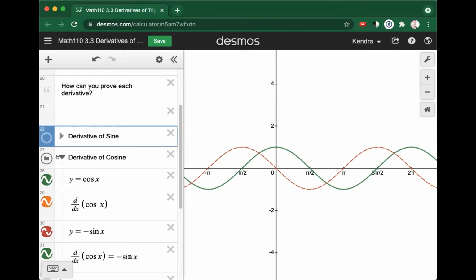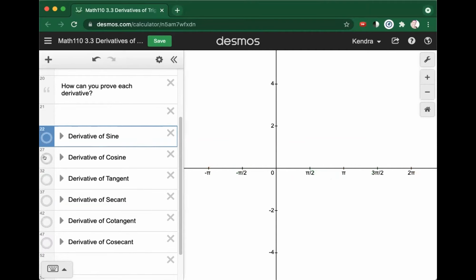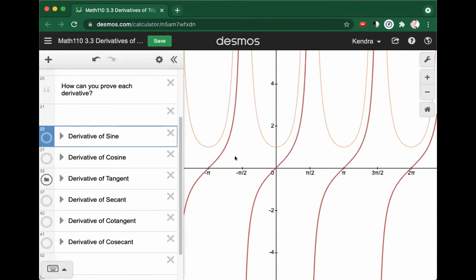Now, the rest of the derivatives are not entirely obvious. So here is tangent. The tangent curve is the one in bold, right? And we have asymptotes at all of the odd multiples of pi over 2.